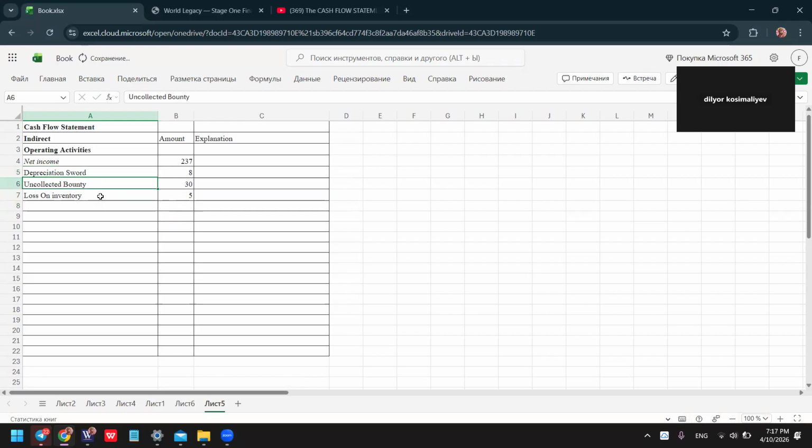You may ask why all of them are in operating activities: depreciation of sword, uncollected bounty, loss on inventory. You can say that inventory is part of investing activities, right? But we don't do it here, because when we do the indirect method of cash flows, we do adjustments in operating activities.